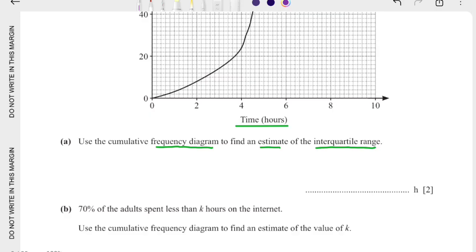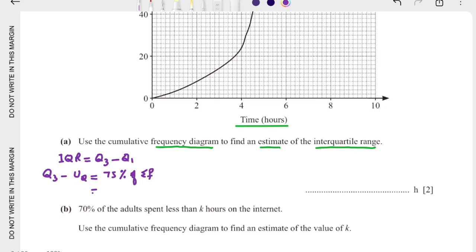We know that the interquartile range is equal to Q3 minus Q1, and Q3 is called the upper quartile, whose formula is 75% of sigma f.